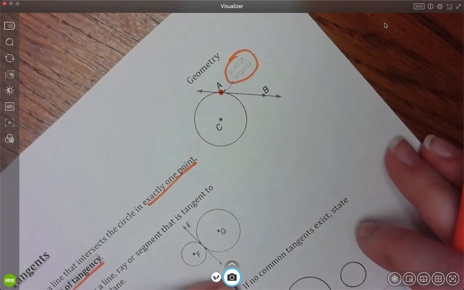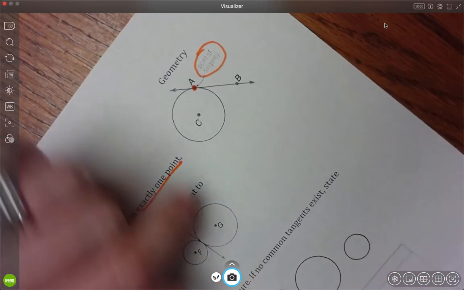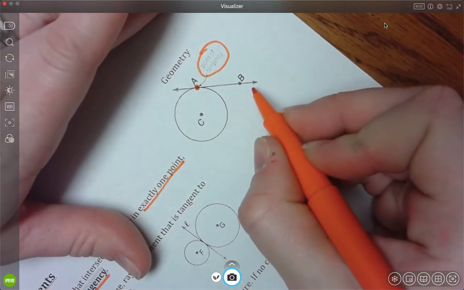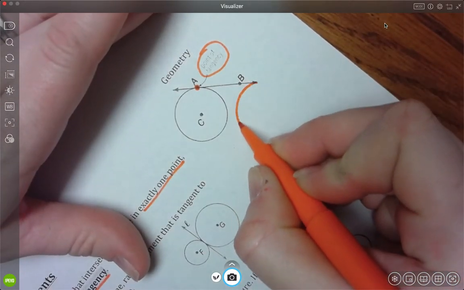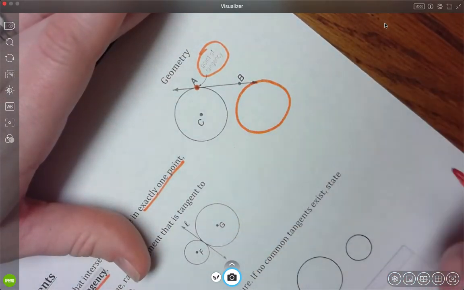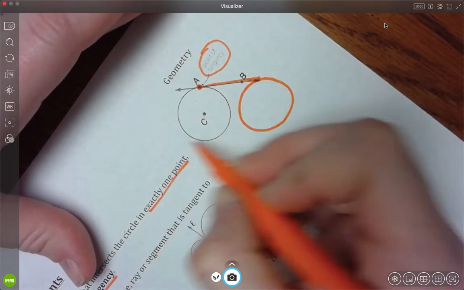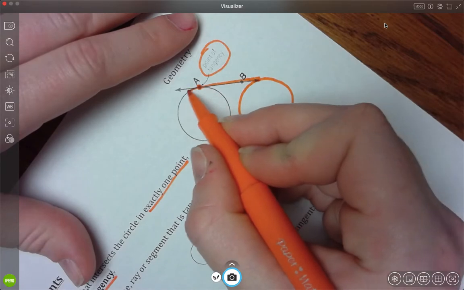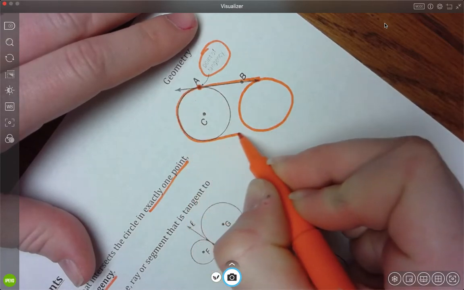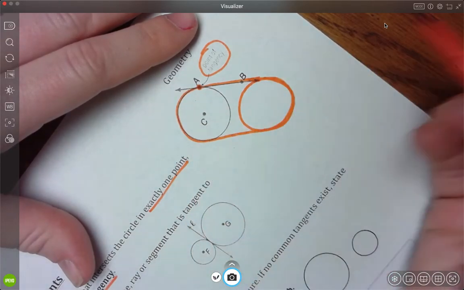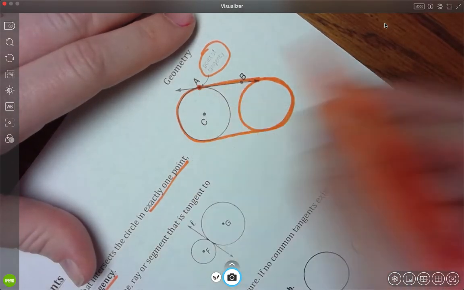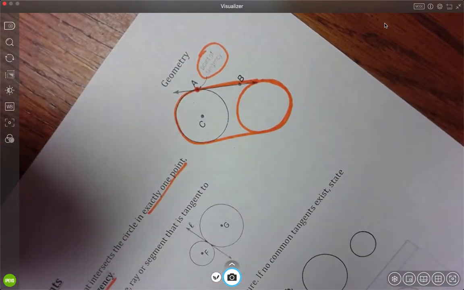This is how I can relate this. Let's say I have a bicycle, and here are my two gears. This gear is going to wrap around here, and it's going to wrap around here.